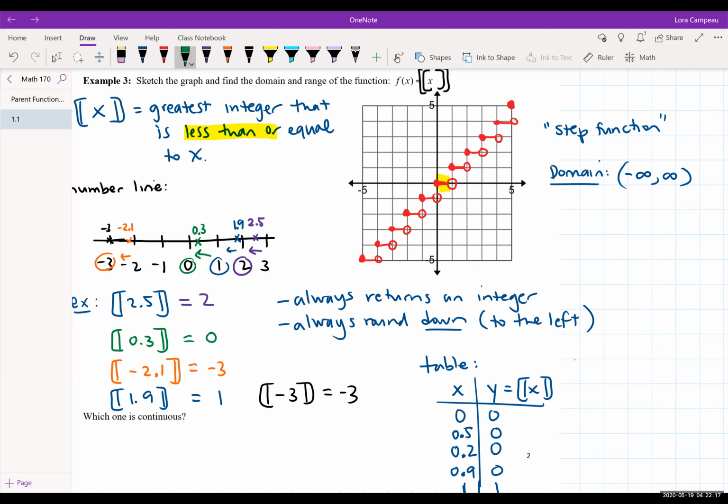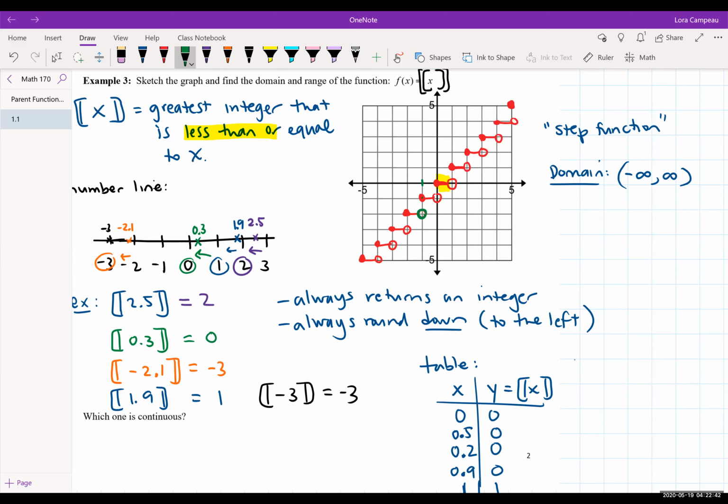Even when you see these holes or open circles, let's say you're at x equals -1. Yes, there's an open circle at y equals -2, but there is a closed circle at y equals -1. So that's describing why these numbers get covered.